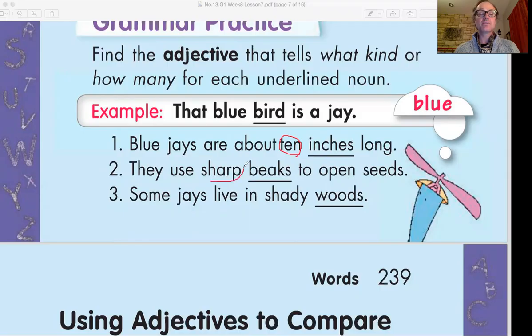This one, sharp beaks. So that's an adjective. And then number 3, some jays live in shady woods. We're looking at the noun woods. And what is the adjective? Shady. In the shady woods. So if you did those, good job.